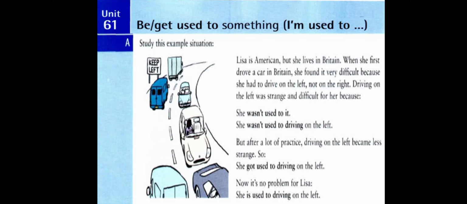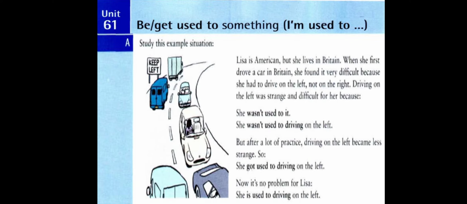So if we look at the three cases here, we find that we have used verb to be, whether it is in the past as in wasn't, or in the present as in is, and got as well before used.